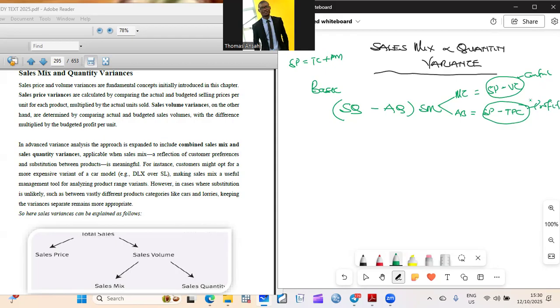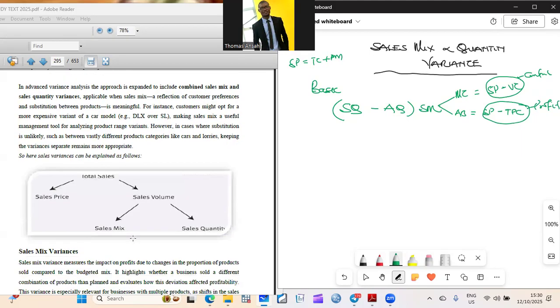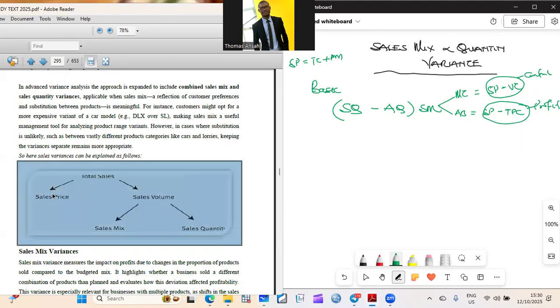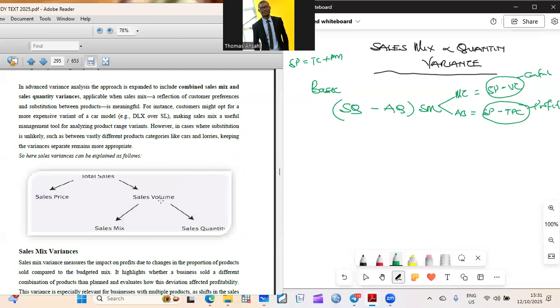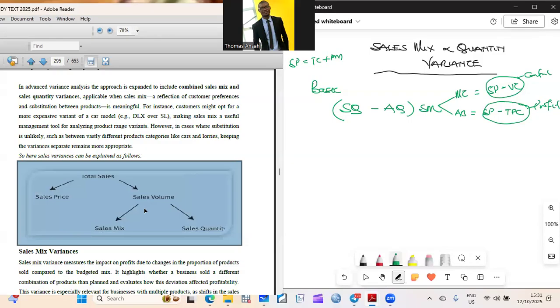In the sales variance, when you pick total sales, that is the diagram you see here. When you pick total sales, it is the price versus the volume. The quantity is always where the mixes come from. So the sales volume is here, and under sales volume we are going to do sales mix variance and sales quantity variance.